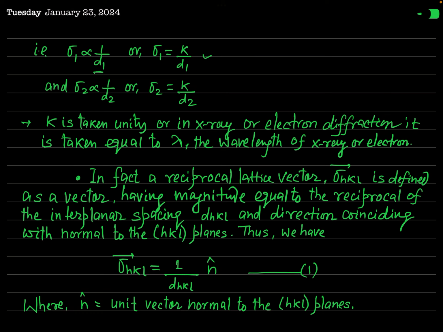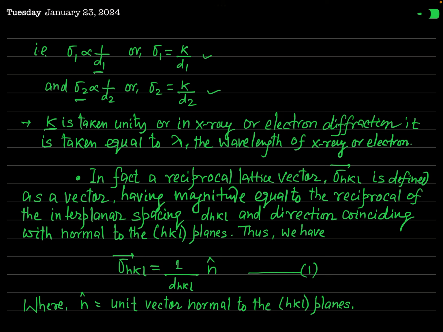In a similar manner, the length of the normal which is perpendicular to the set of parallel planes marked by 2, whose interplanar separation is d2, the length sigma 2 is taken inversely proportional to d2. So sigma 2 is k over d2. In most of the cases, the value of this proportionality constant k is taken 1.